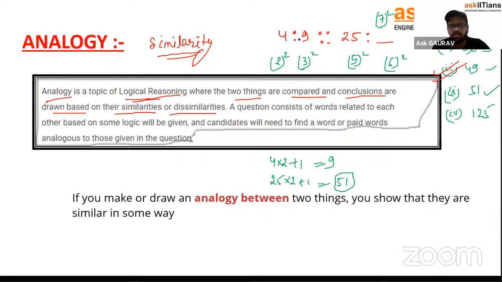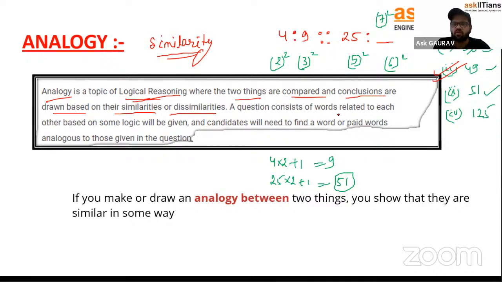Basically, first we focus on 4 and 9. What is the relation between them? What is the similarity between them? Then, depending on that, we identify what should be there in the blank. Get my point? So analogy is the similarity or dissimilarity between them so that we can identify the other.